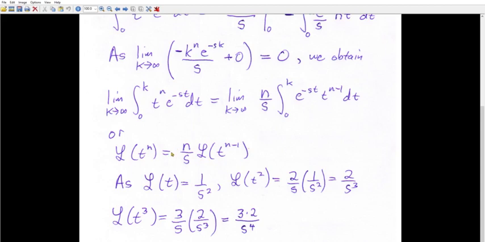Now we can just use that to bootstrap. We know the Laplace transform of t is 1 over s squared, so the Laplace transform of t squared is going to be 2 over s times the Laplace transform of t, which is known to be 1 over s squared, so we get 2 over s cubed. Same thing with t cubed: 3 over s times this transform, which gives us 3 times 2 over s to the 4th.